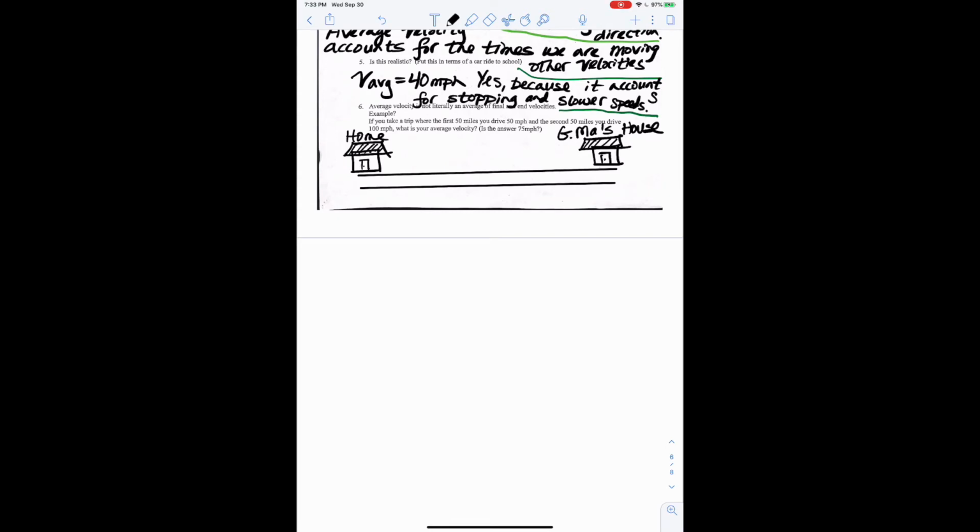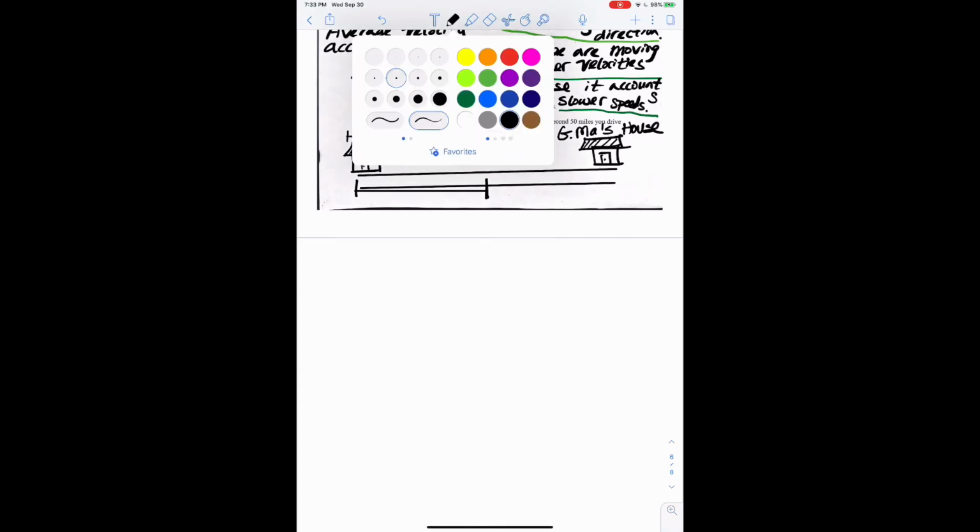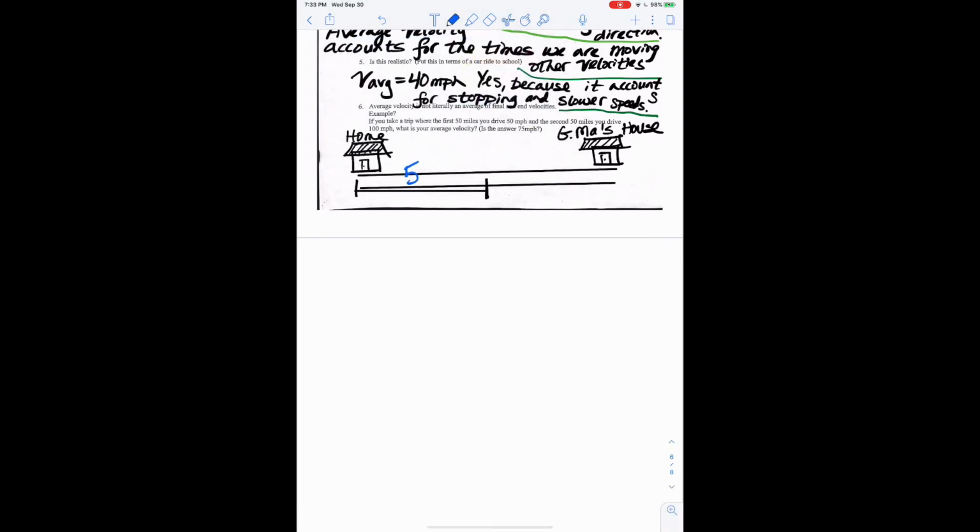And it says if you take a trip where the first 50 miles to go to grandma's house, so this is going to be about half, because I think it's going to be 100 miles to get to grandma's house. So we'll write 50 miles. The first 50 miles, you're going to travel 50 miles per hour.